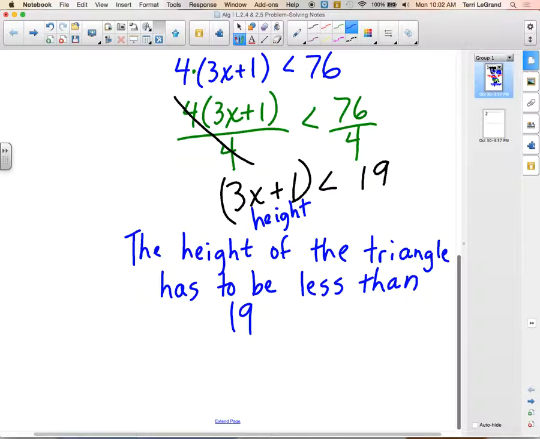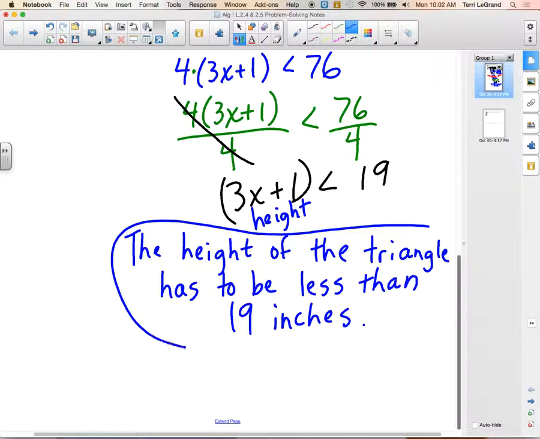And what do they measure? What's the height measured in, you suppose? Inches, just like the base. Because when you take inches times inches, that's where the square inches came from. So the height of the triangle has to be less than 19 inches. There's our sentence, final answer.